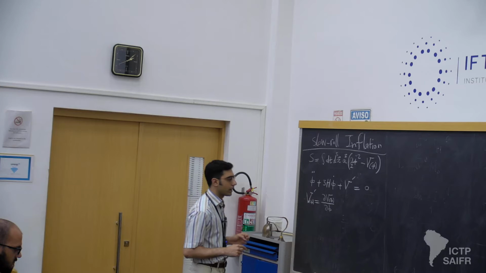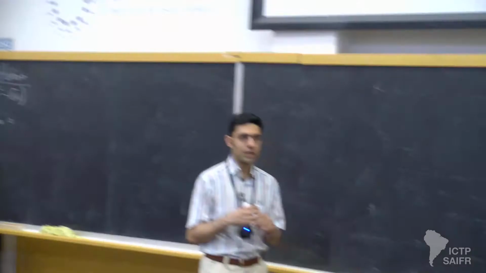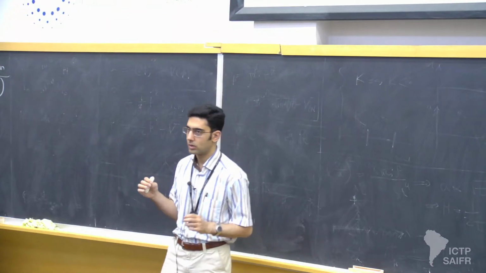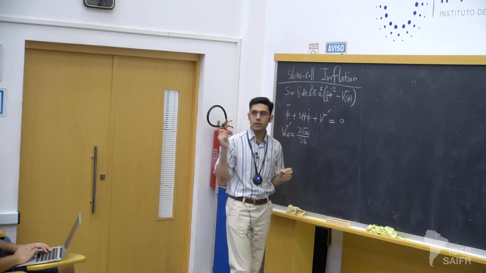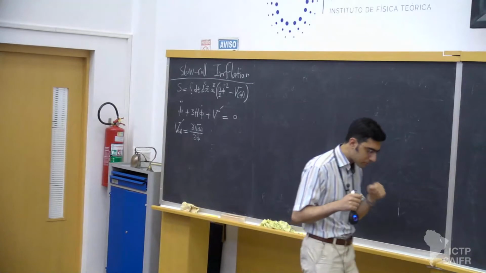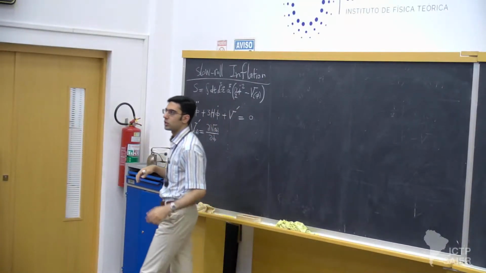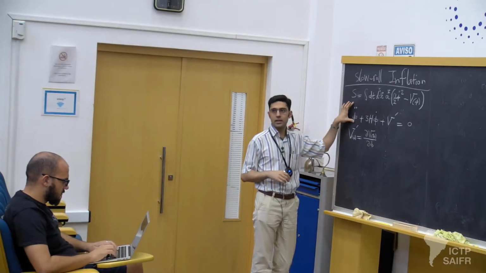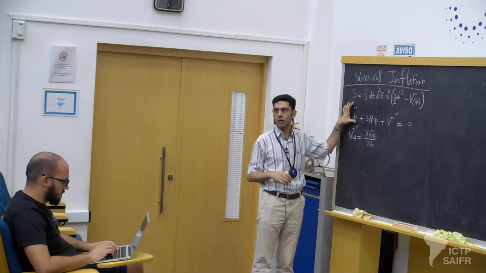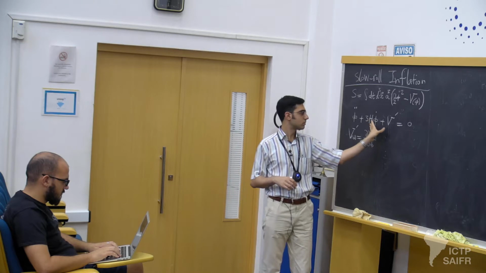Okay, now we said that we want to consider a phase in which the field is slowly rolling. If it is slowly rolling, what does it mean? It means that the time derivatives of phi are going to be small. So I'm going to drop the second time derivative of phi, approximate the equation by only these two terms.